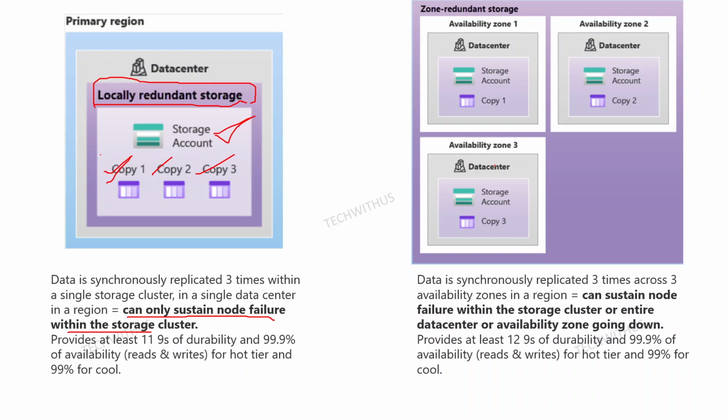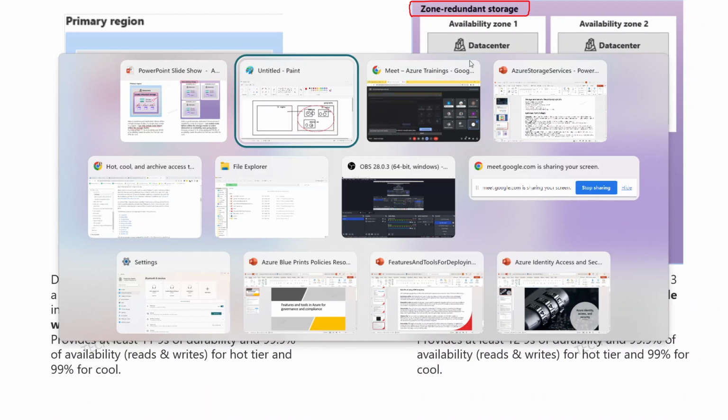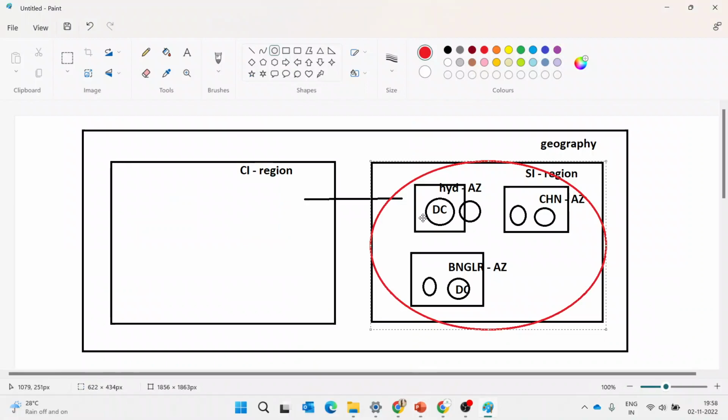If you chose LRS while creating a storage account, it will store in the earlier concept. Whereas if you create a storage account with the zone redundant storage strategy, when you upload a single photo, it will be stored in 3 places: in Hyderabad availability zone, in Chennai availability zone, and in Bangalore availability zone.